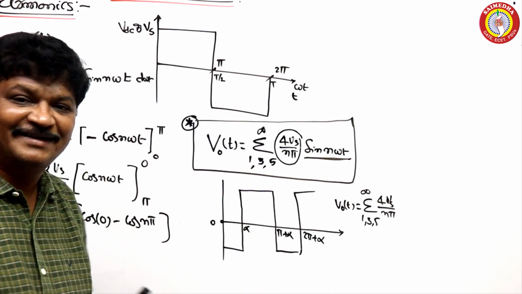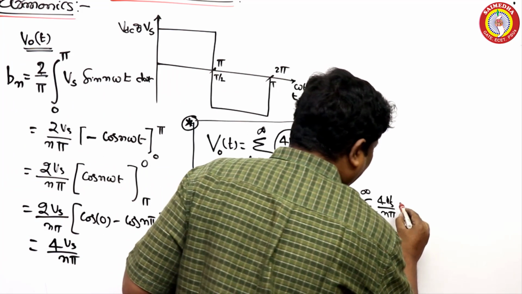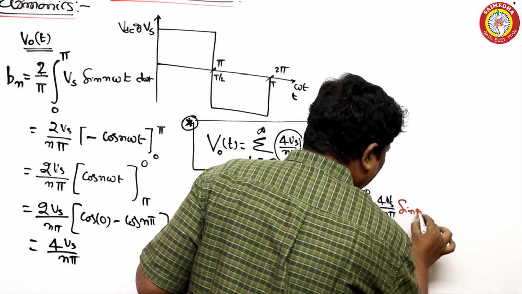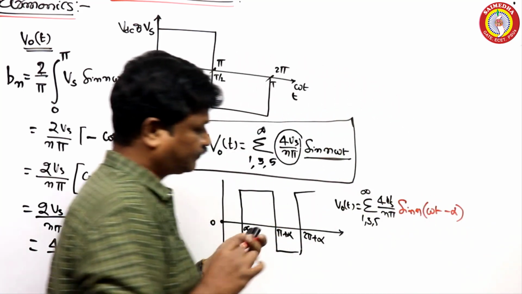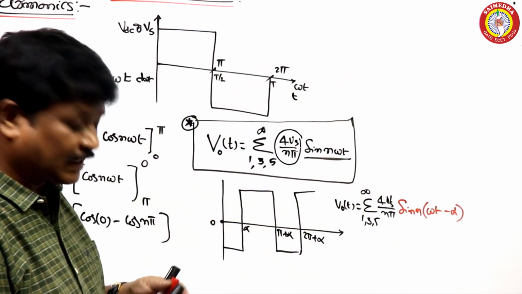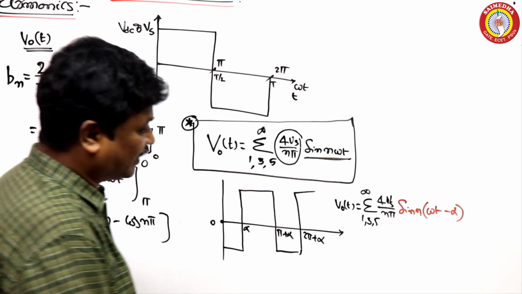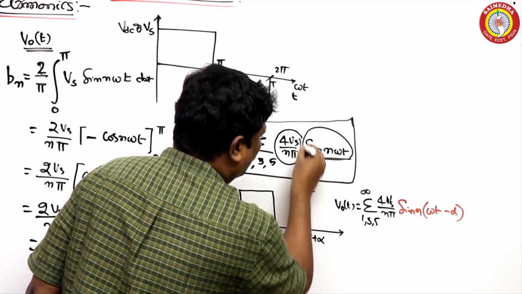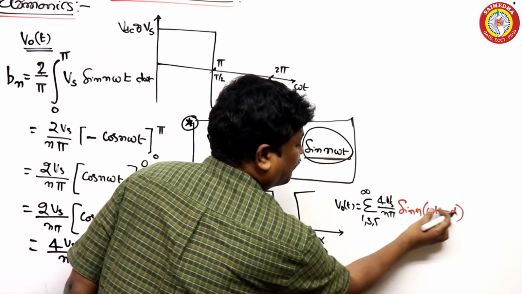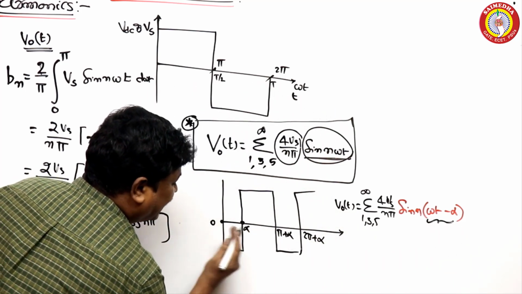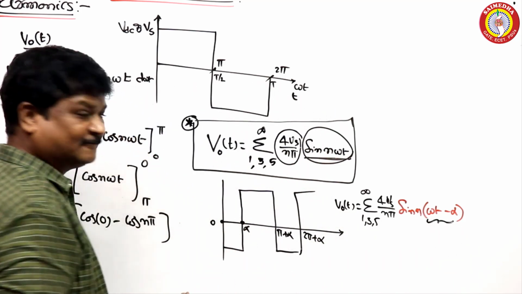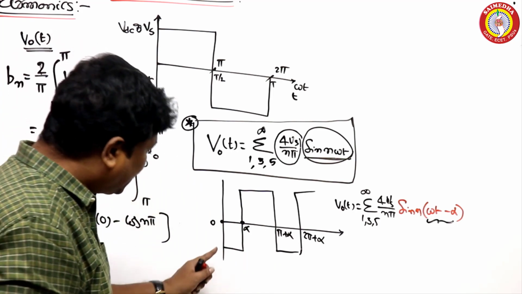Then I can write here sin n omega t minus alpha. Sin n omega t minus alpha is the extra factor because your signal is lagging by some angle alpha.